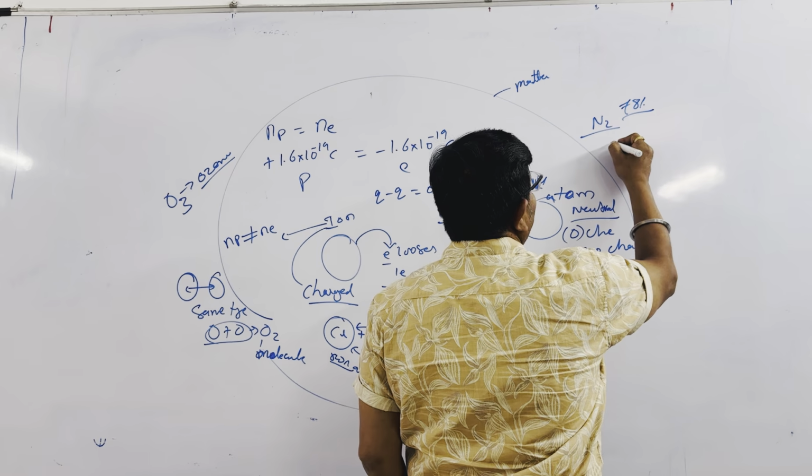By using this formula 2n square, in place of n you can put 1, 2, 3, 4 and so on.